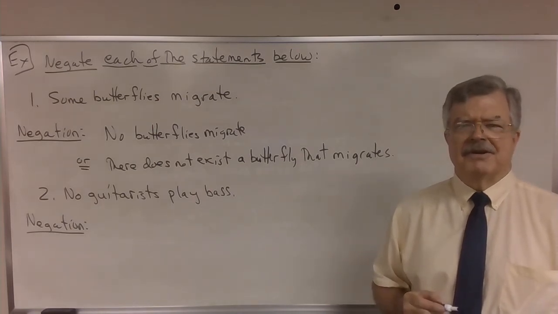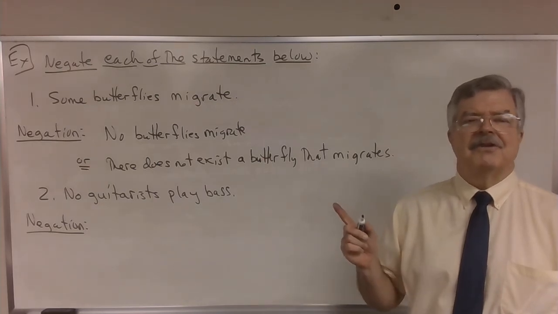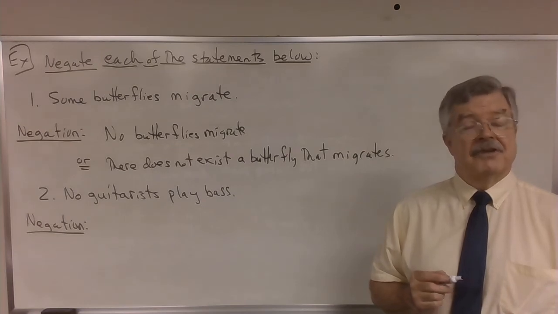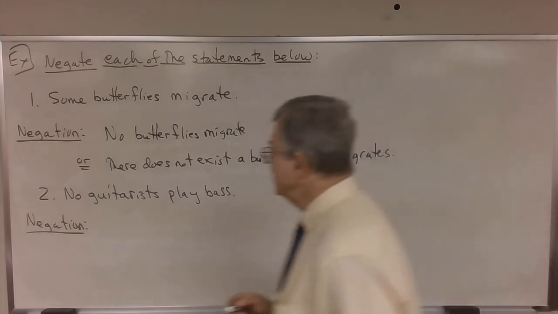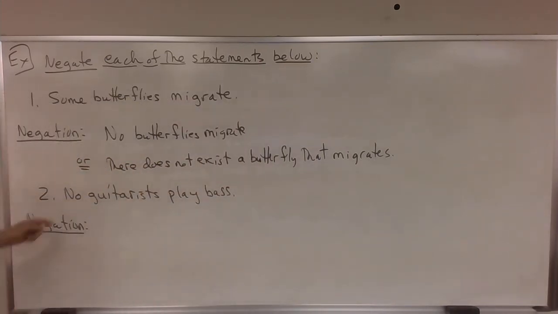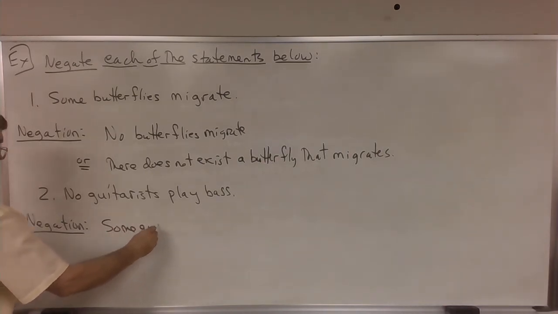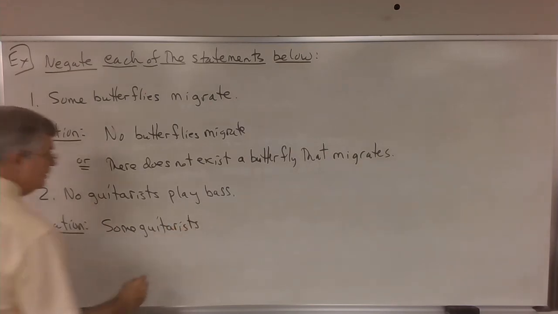See, the negation of none do or none are or no such and such do is some do or at least one does, right? So the negation of no guitarists play bass is that some guitarists play bass.